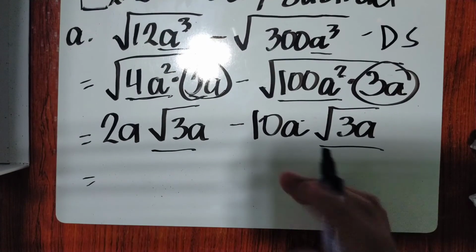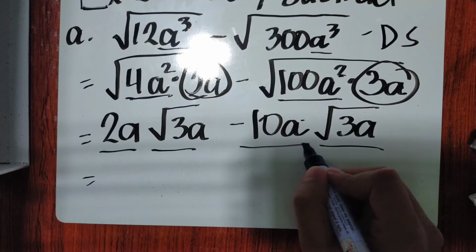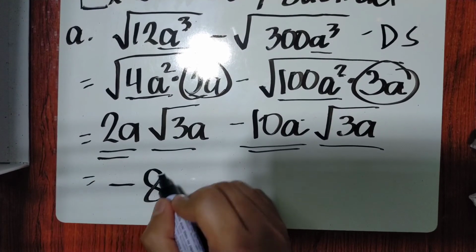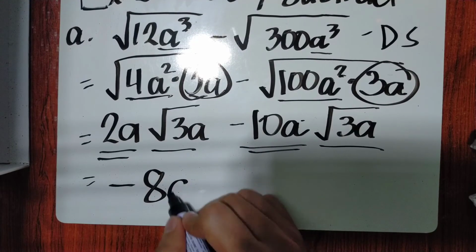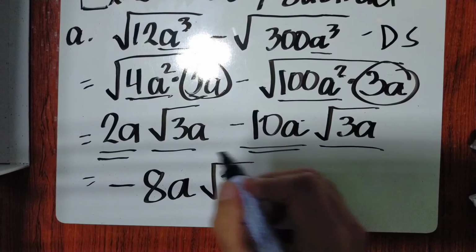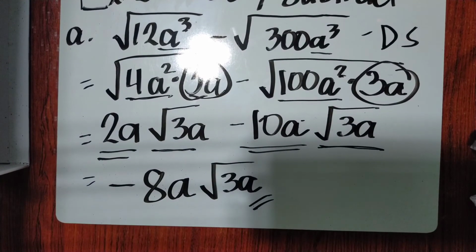Since they are similar, we can now subtract these two: 2 minus 10 is negative 8a square root of 3a. Since they are already the same. So, the final answer is negative 8a square root of 3a.